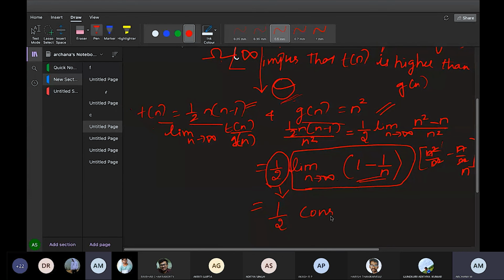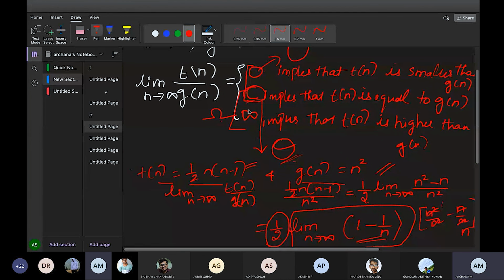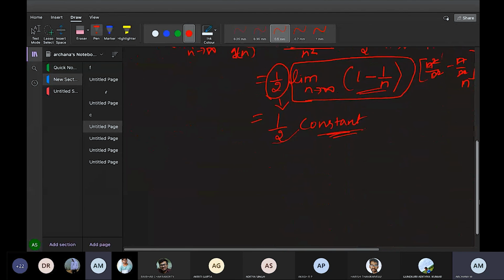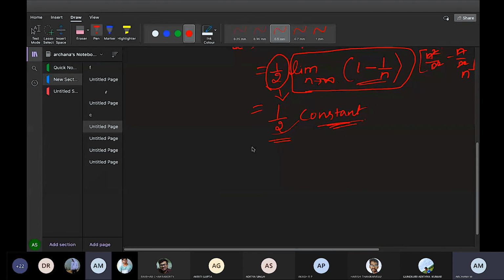So this function, half of n into n minus 1 and n square, belongs to the second bound because there is a constant over here. This implies that T of n is equal to G of n. Since the answer is a constant, I can write T of n is equal to G of n. This is how you have to prove it and tell.